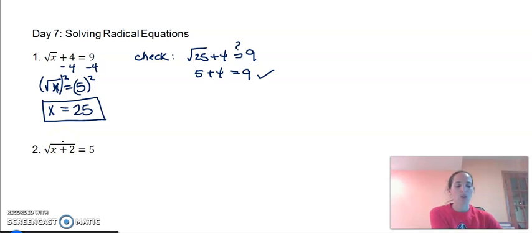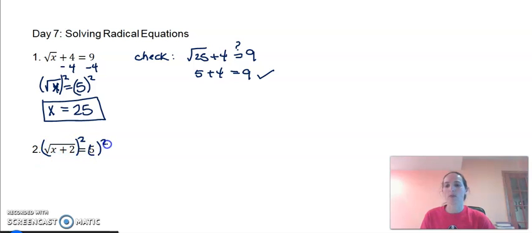If you look at question number 2, notice that the square root sign is over both of those values. Here it was just over the x, here it's over the x and the 2. So your first step in solving this problem is you're going to have to square both sides. You have to square the whole entire square root.